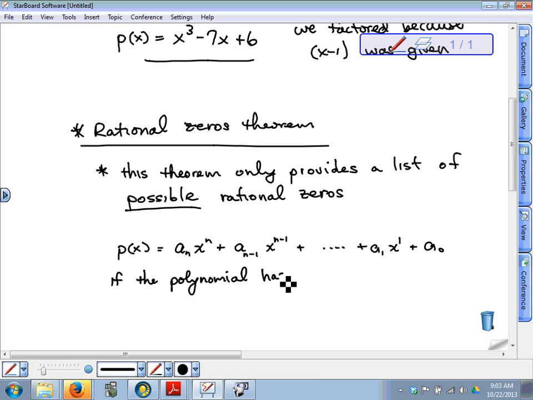If the polynomial has integer coefficients, that means the coefficients in front of the variables have to be whole numbers, no fractions or decimals. Integers means whole numbers.